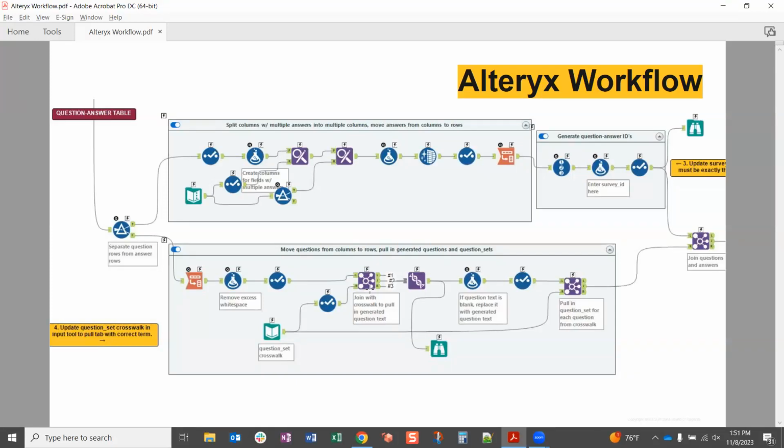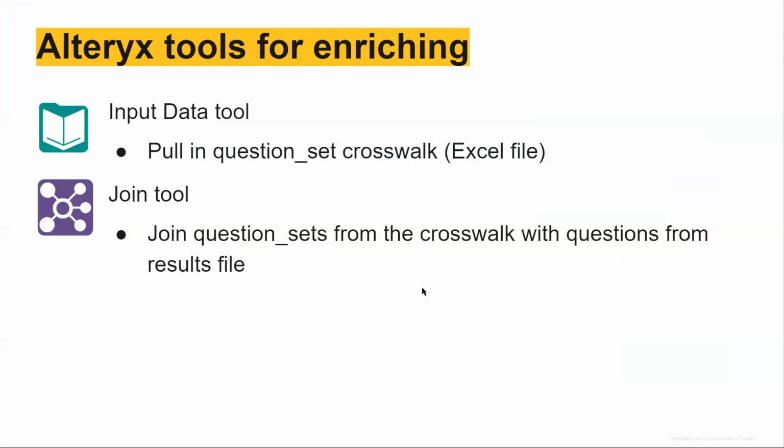And because the join tool has 3 outputs, left, inner, and right, depending on what kind of join you want to do, in this case, we wanted all of that data to be unioned together. So we also used a union tool, which is what this is right here. And this is a way of enriching the data, adding a new field that wasn't in the original data, but that would allow us to do the kind of data analysis that we wanted to do.